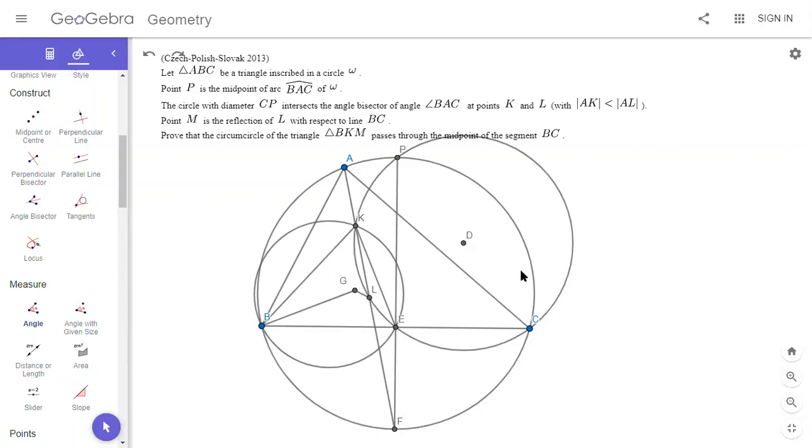So yeah, maybe it's not as easy as I thought to show that that's cyclic.